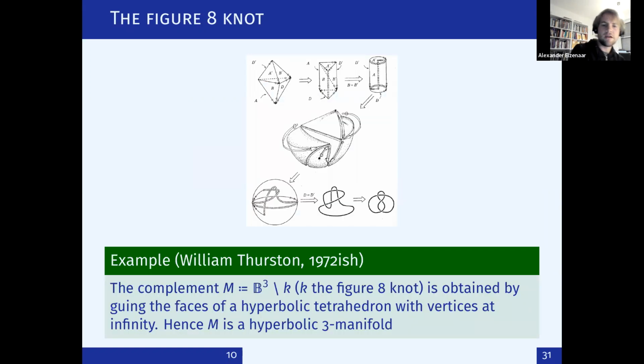So here we have a construction due to Thurston of the knot complement of the figure 8 knot. Here we have the figure 8 knot. And this diagram is showing that if we take a tetrahedron, so really this is a tetrahedron in hyperbolic three space, and these edges are right out on the boundary.